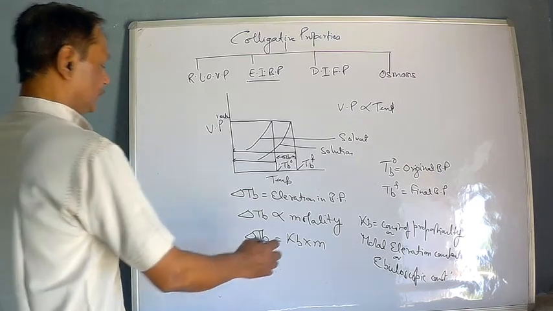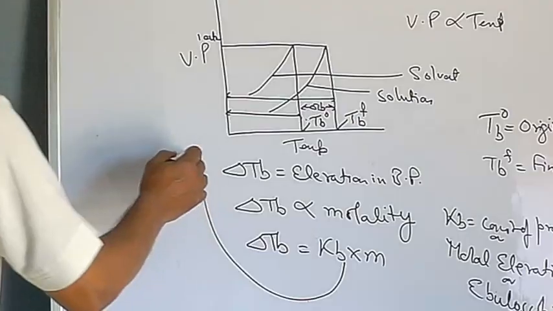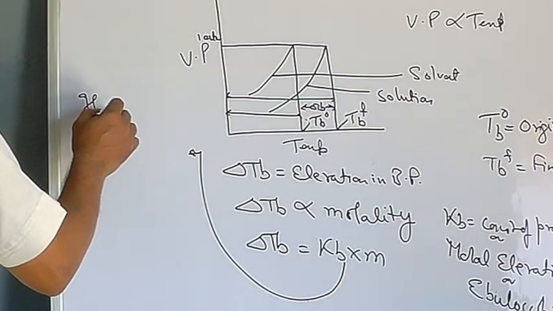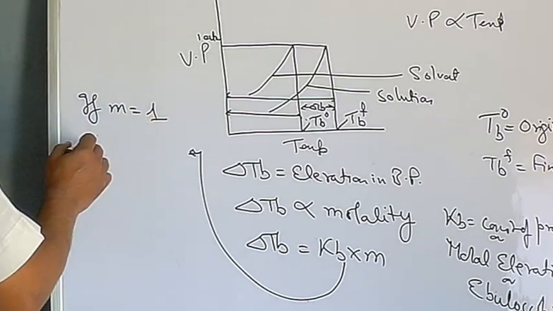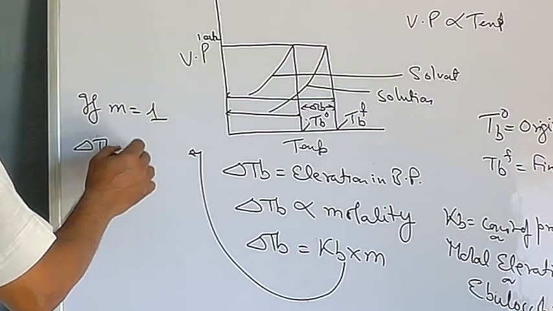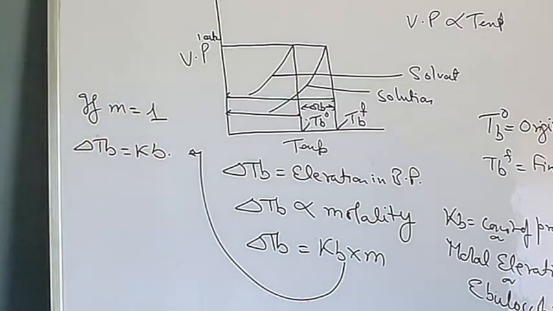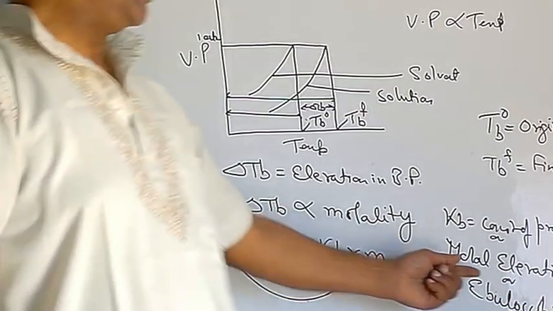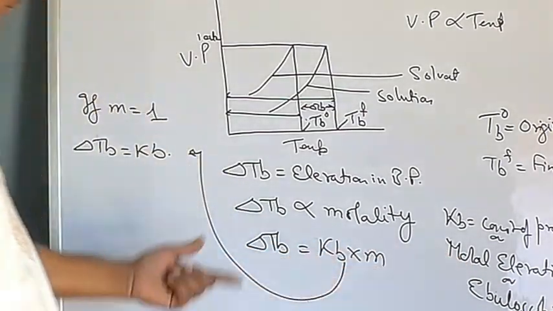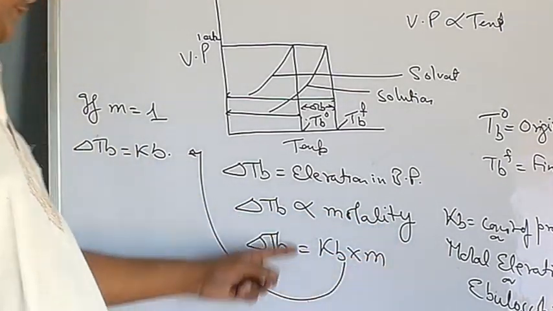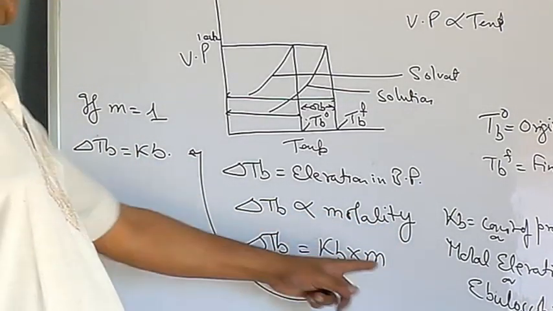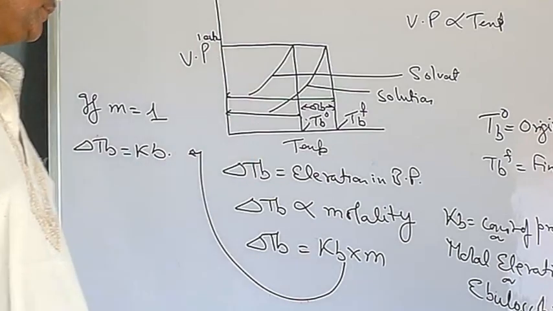Class, if you put m equal to 1, if molarity equals 1, then you get delta TB equal to Kb. So how can you define the molar elevation constant? The molar elevation constant is the elevation in boiling point when the molarity of the solution is unity.